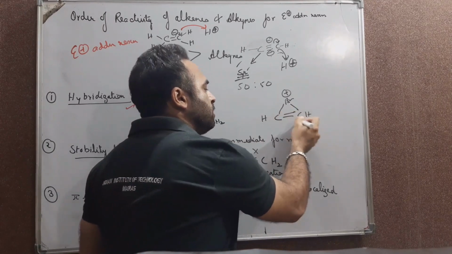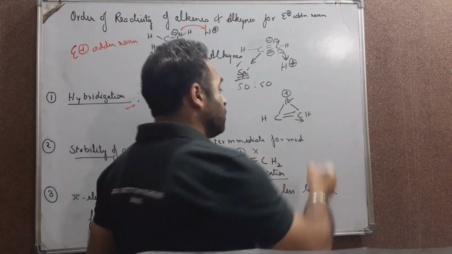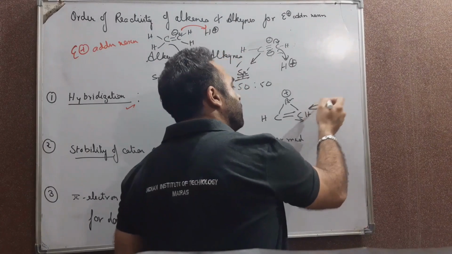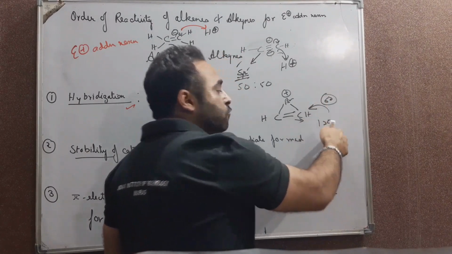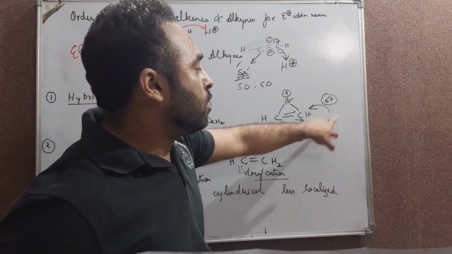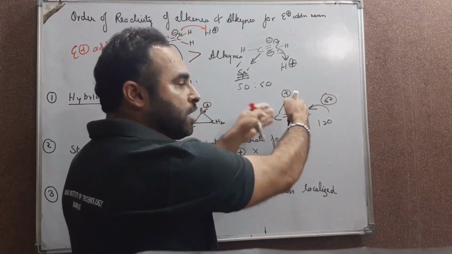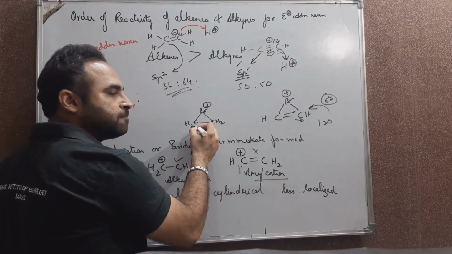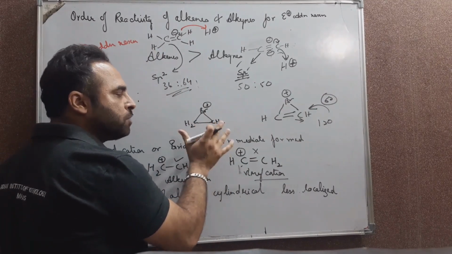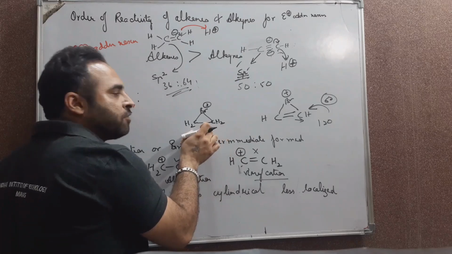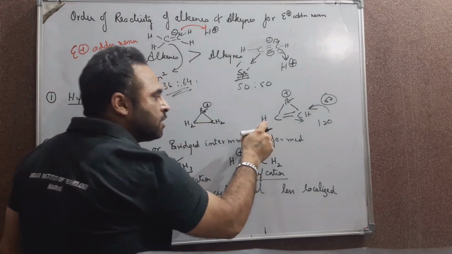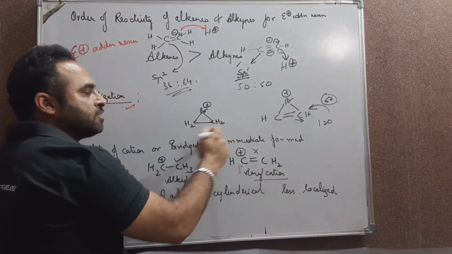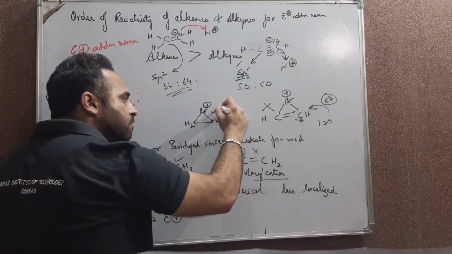Double bond means the angle should be 120, but due to strain, the angle has to be shifted from 120 to 60. This ring is very unstable, but here the carbon is sp3 hybridized, assumingly. So here the ring is having lesser strain, because this bridge intermediate is more strained, it will not be formed easily. This will be formed easily.